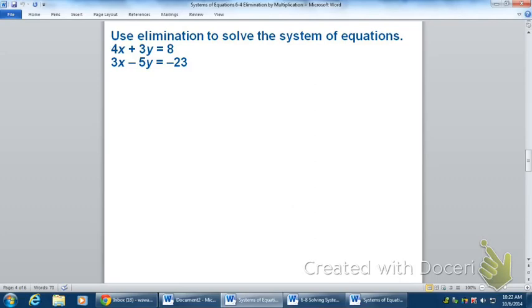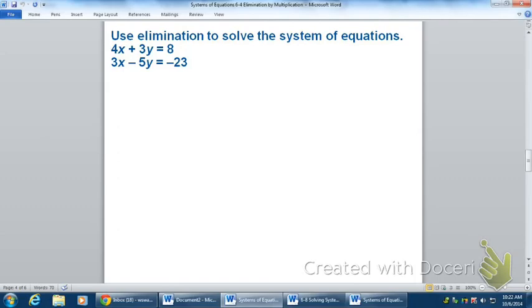Okay? Now that I have decided that, I have a 4x, and I have a 3x. If you multiply 4 times 3, you get 12. And if you multiply 3 times 4, you get 12. So it looks like I can do that.